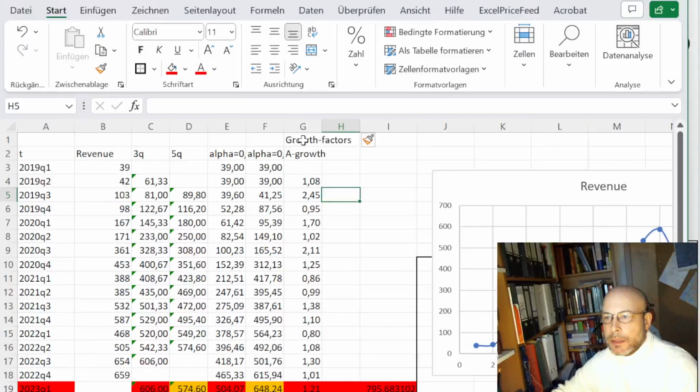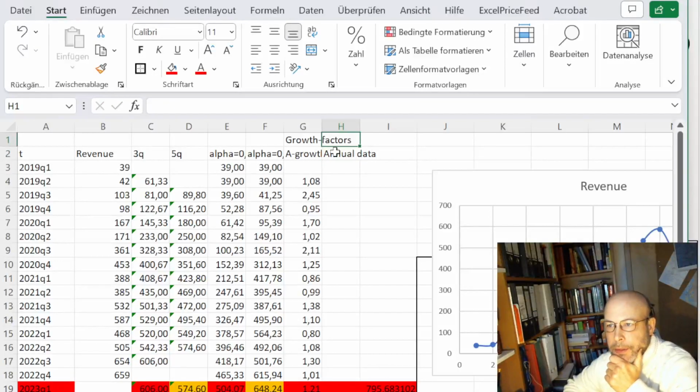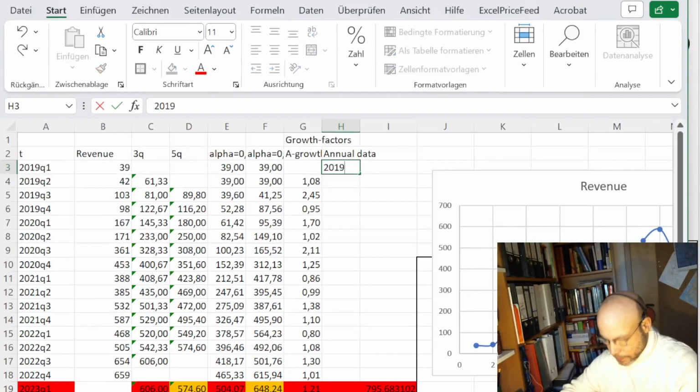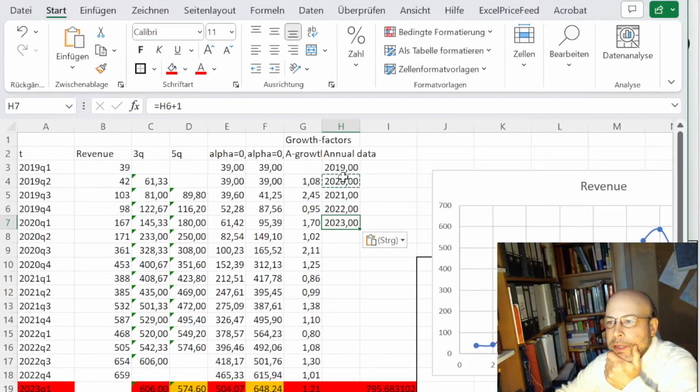So annual data. So for annual data, we then have 2019, 20 until 22, and the forecast, of course, will be then for 23.